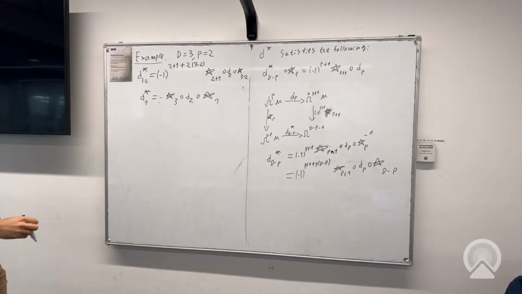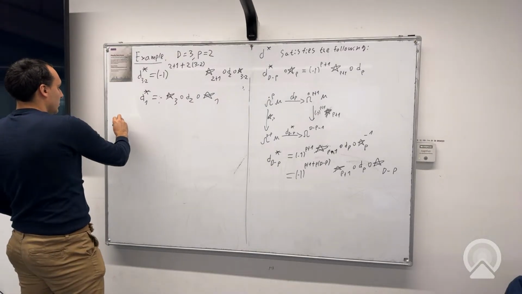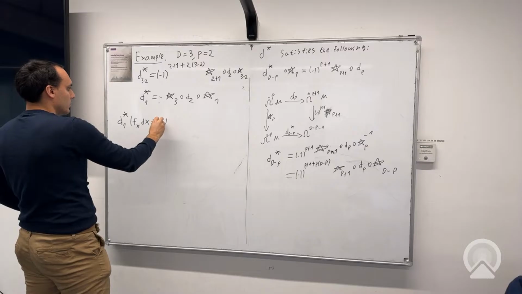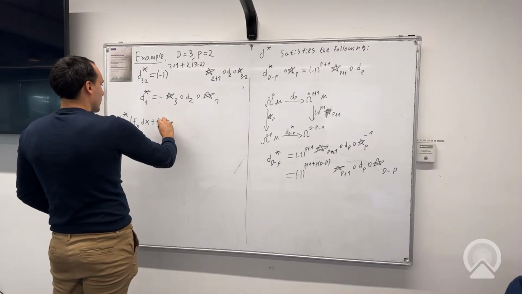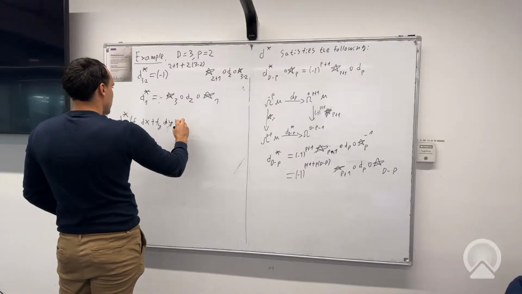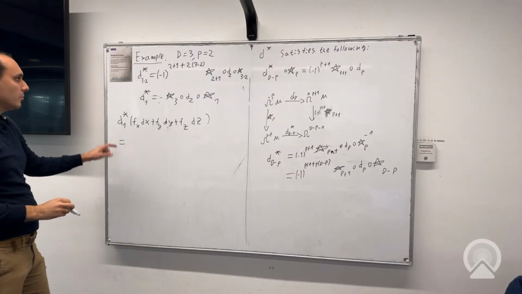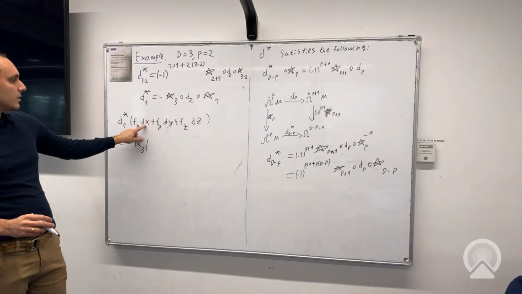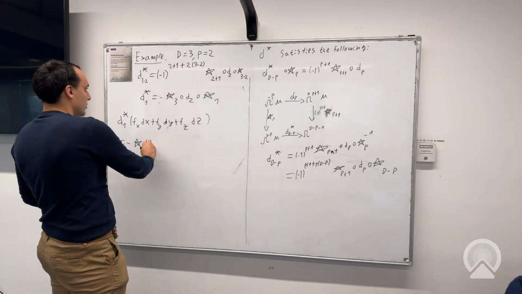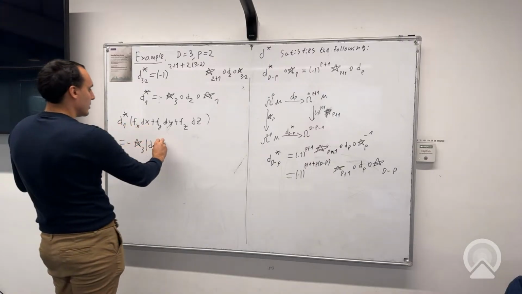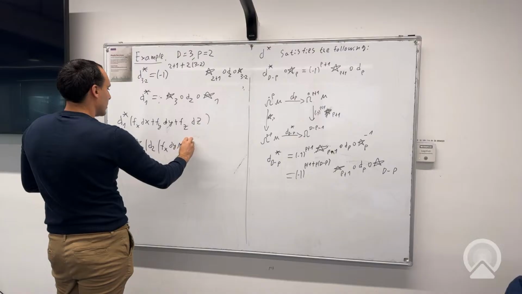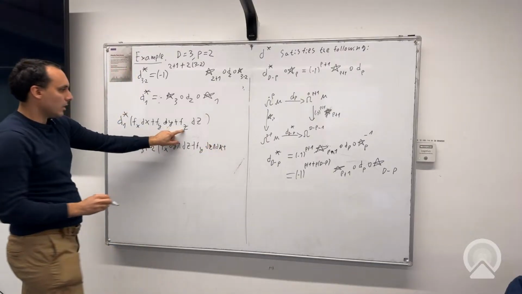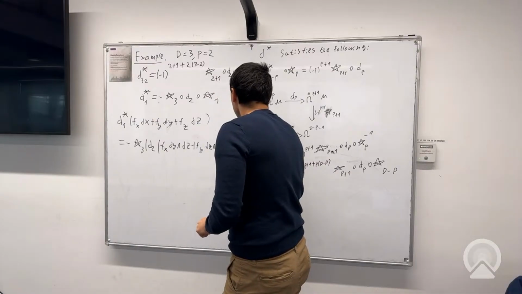And let's see what it's all about. So d1 star of fx dx plus fy dy plus fz dz will be minus star 3 of d2, the star 1 makes dx into dy dz, so this will be fx dy dz plus fy dz wedge dx plus fz dx wedge dy.